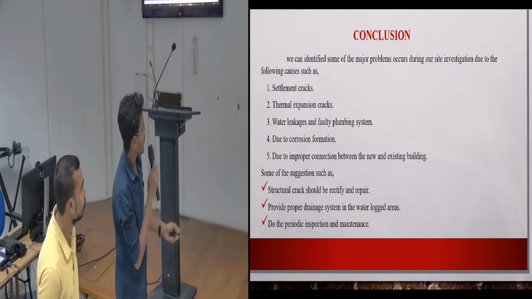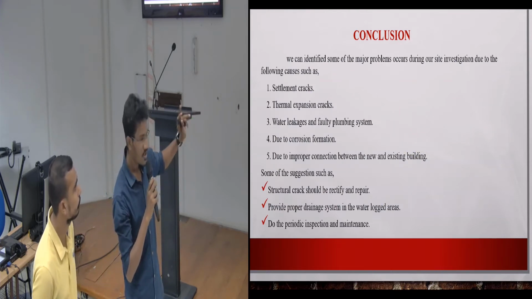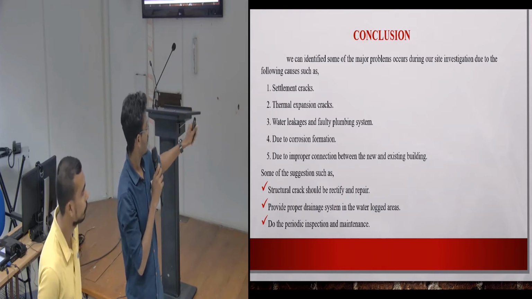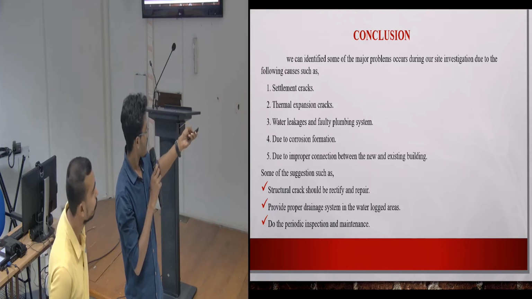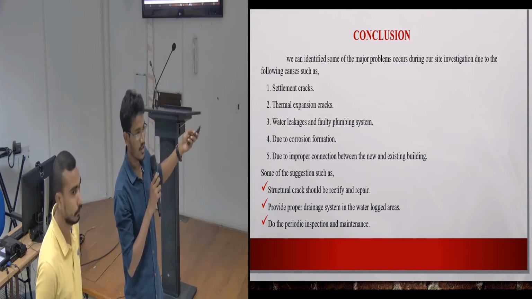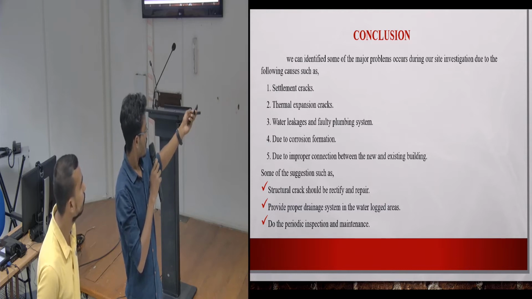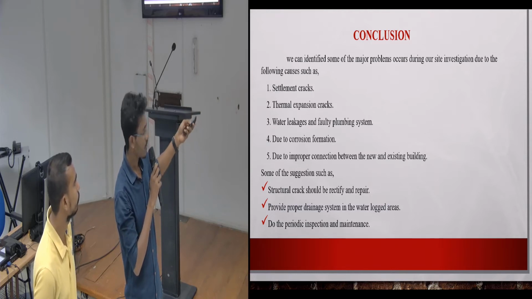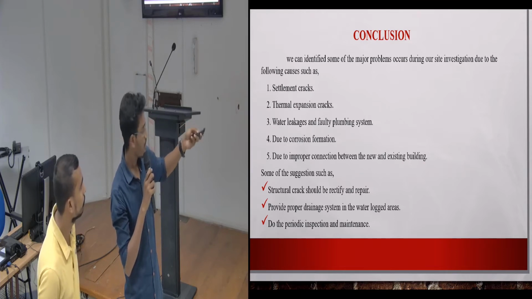So this is the conclusion. We can identify some of the problems, but they are caused majorly by the following reasons: settlement cracks, thermal expansion cracks, water leakage, and a faulty MEP system, mechanical electrical plumbing system, corrosion, and improper connection and bonding between new and old buildings.